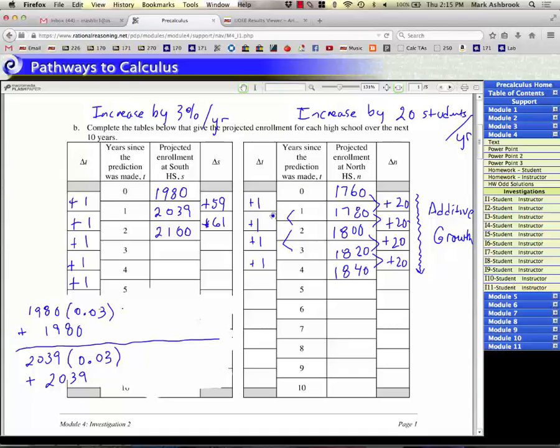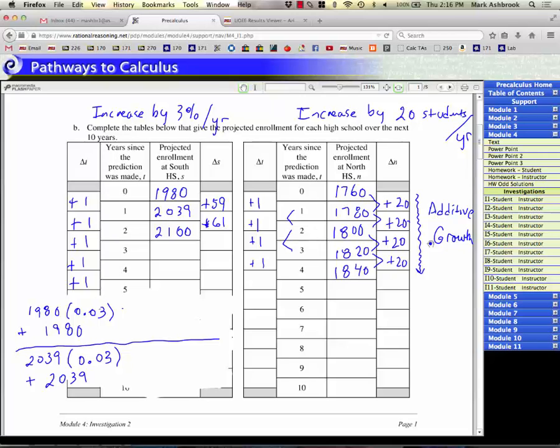So what? Every time, listen to this. This should sound familiar. Every time you change the input by 1, you change the output by 20. What is that? Constant rate of change. That was one of our 3 mathematical results of constant rate of change. Equal changes in input result in consistent change in output. That's exactly what's happening here.